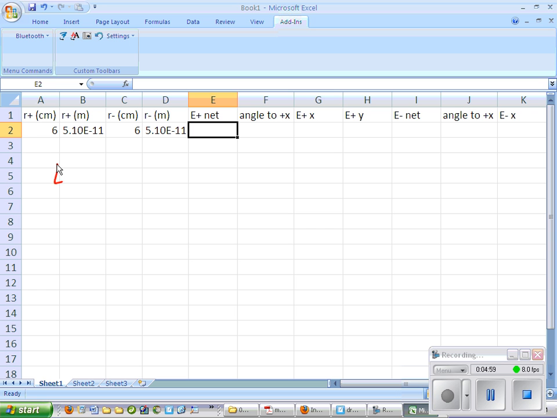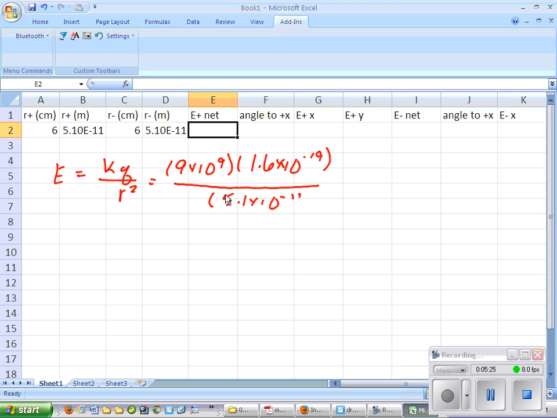So E is KQ over R squared. K, remember, is our constant, 9 times 10 to the 9th. Q, and we're just going to worry about magnitudes because I'm going to show you how to figure out the sign of the charge in a minute, over R squared, (5.1 times 10 to the negative 11) squared.